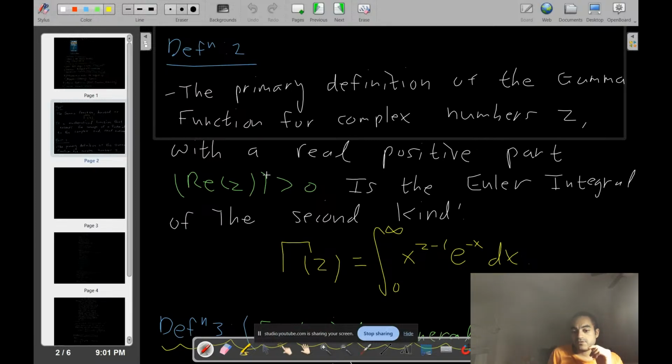Gamma as a function of n is the improper integral of x to the n minus 1 times e to the negative x dx, where it was a function of n. Here, it's a function of z.